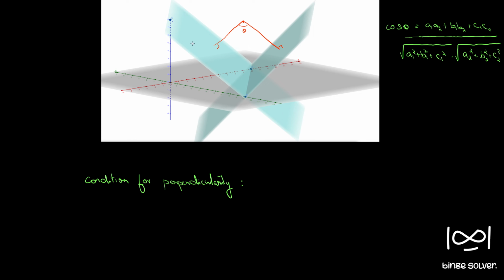If the planes are perpendicular, then theta will be 90 degrees, and cos theta will be cos 90, which is 0. That implies from this equation, the numerator has to be 0. That implies a1 a2 plus b1 b2 plus c1 c2 equal to 0.